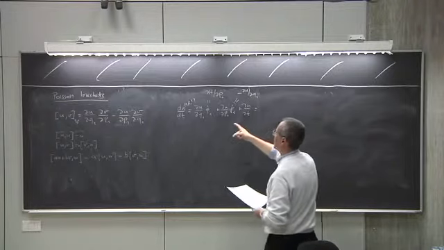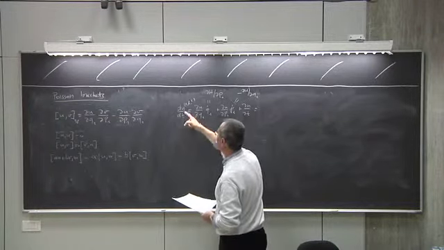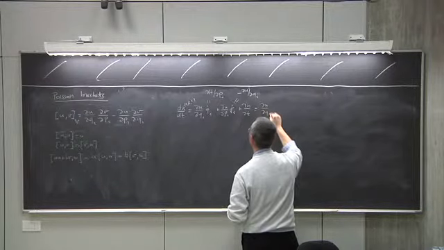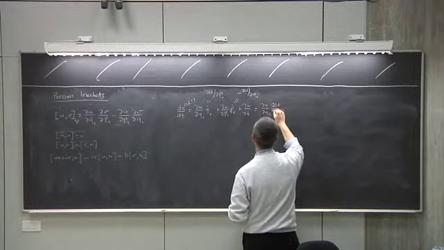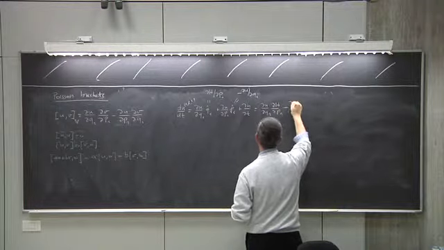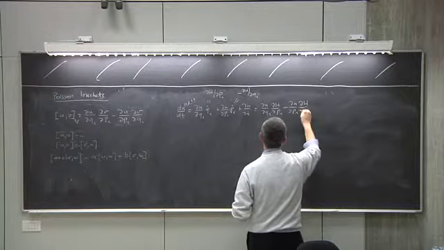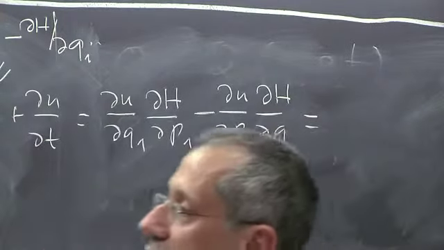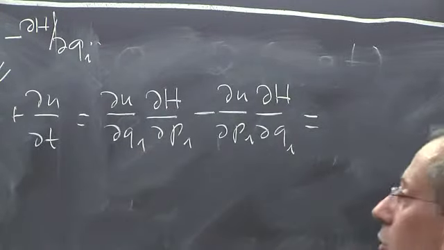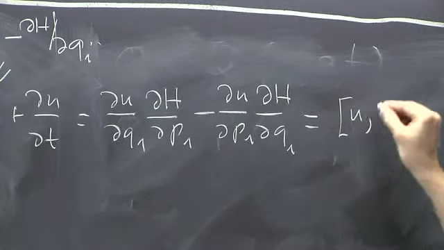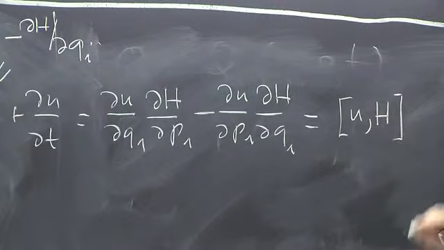So you see that the total derivative of this function can be rewritten as dU/dQi dH/dPi minus dU/dPi dH/dQi, that by definition, and now you understand why Poisson was getting all these Poisson brackets, is the Poisson bracket of your function and the Hamiltonian.